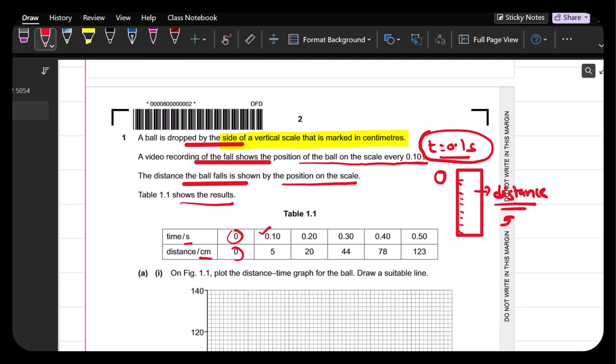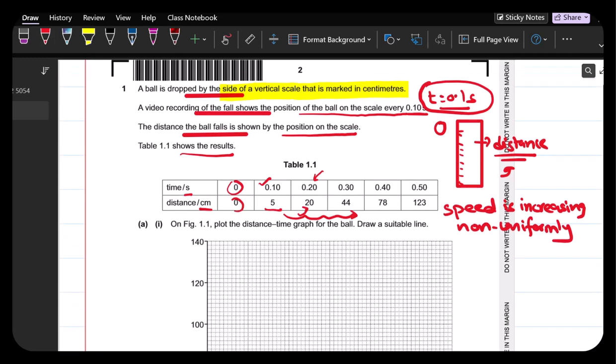So when 0.1 second has passed, distance is 5 centimeter. When it is 0.2 seconds, the distance is 20. So distance is increasing non-uniformly. So this thing is indicating that speed is increasing, speed is increasing non-uniformly.